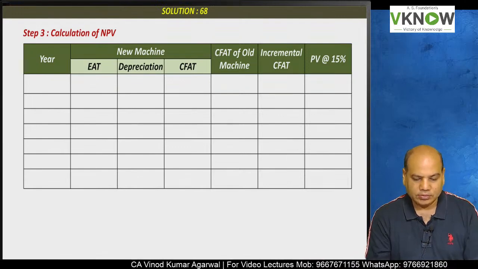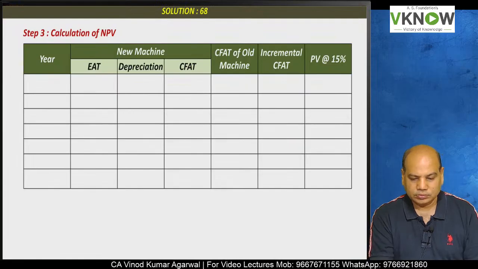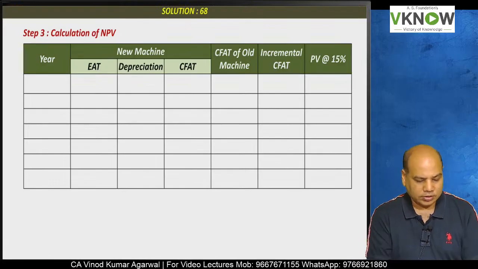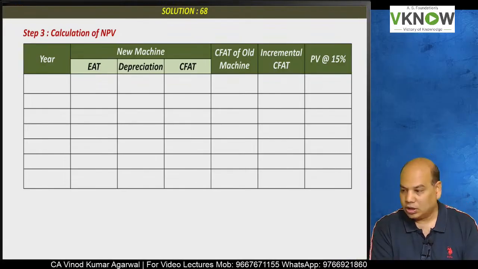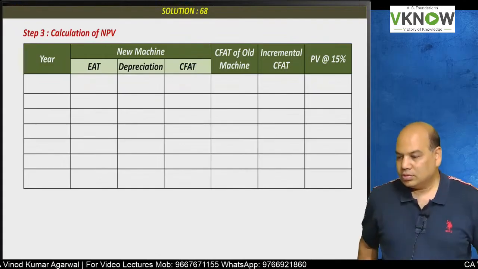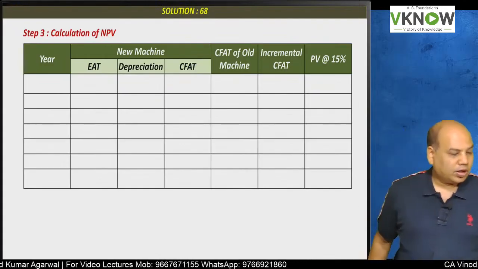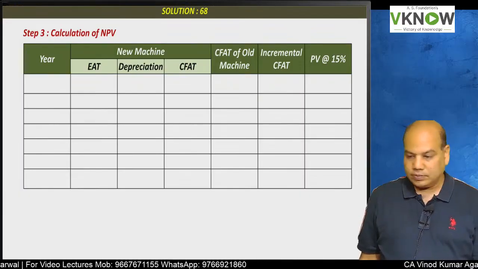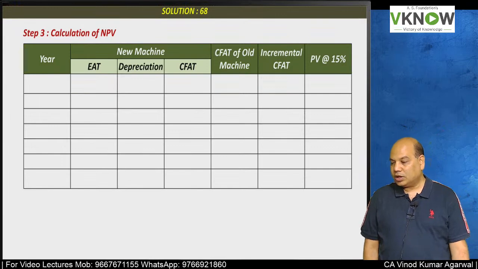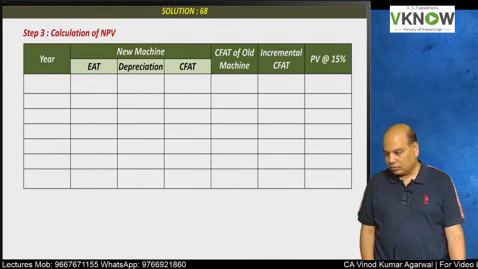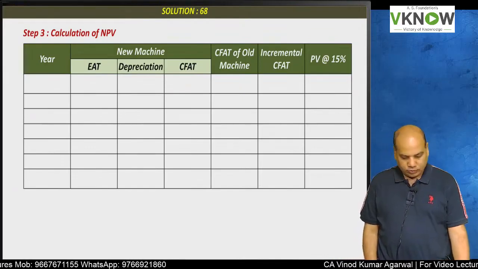Write down the format: year, new machine, and under new machine 3 columns: earning after tax, which is given in the problem; depreciation, which we have computed in step 2; and earning after tax plus depreciation, which will give you CFAT.